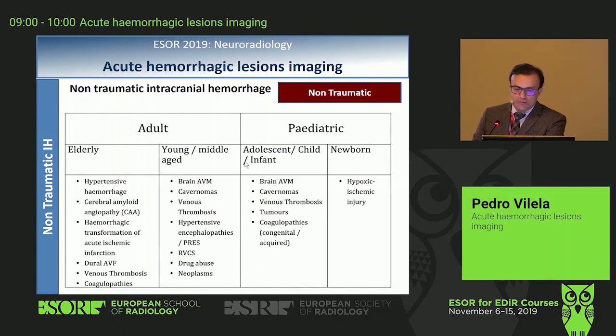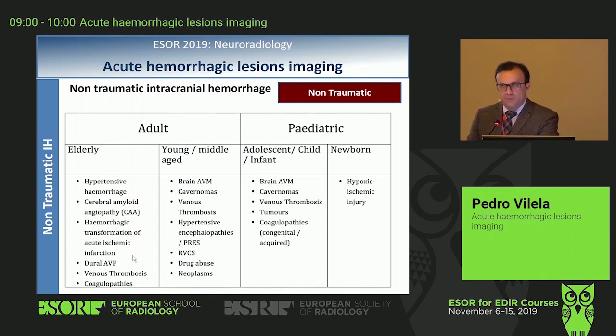So we can actually divide it by age group, and in the adult, the most common are hypertensive hemorrhage and cerebral amyloid. Be careful, sometimes we image the acute ischemic stroke not in the acute phase but in the subacute phase, and they may have hemorrhagic transformation.